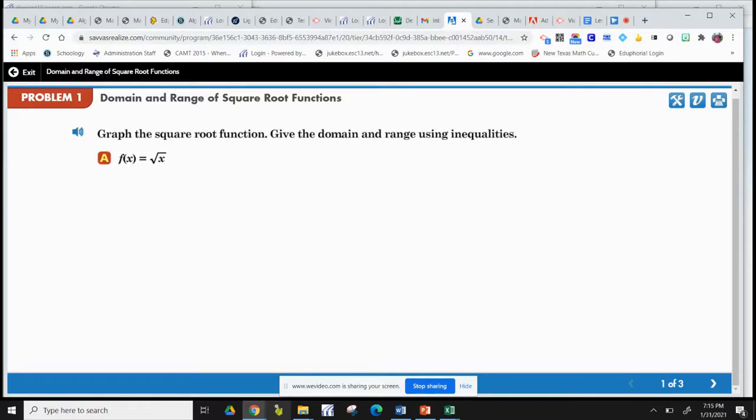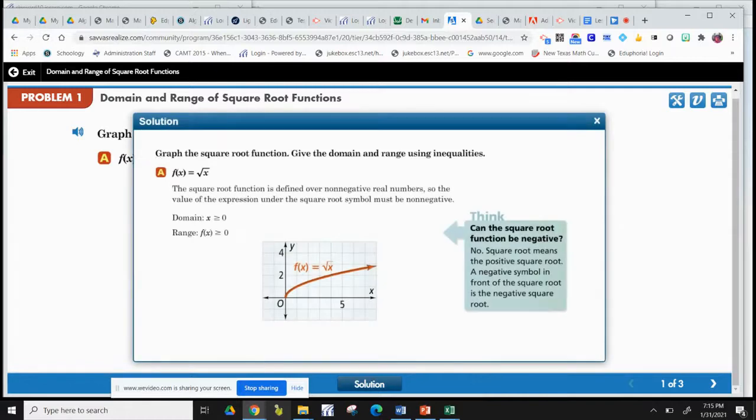We did that. Domain is x is greater than or equal to 0. Y is greater than or equal to 0. Can the square root be negative? No, because square root means a positive square root. A negative symbol in front of the square root is the negative square root. So this is just the positive part.